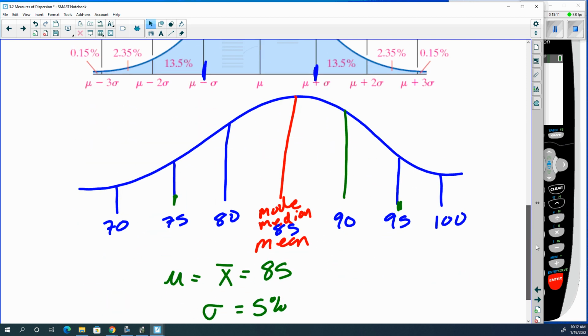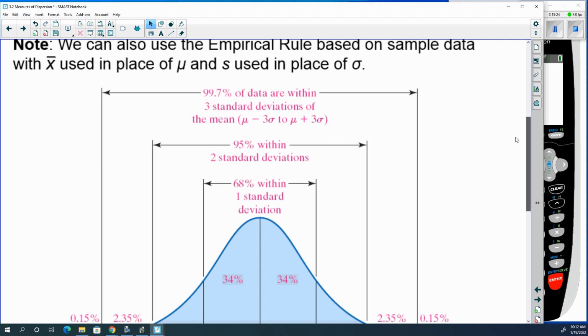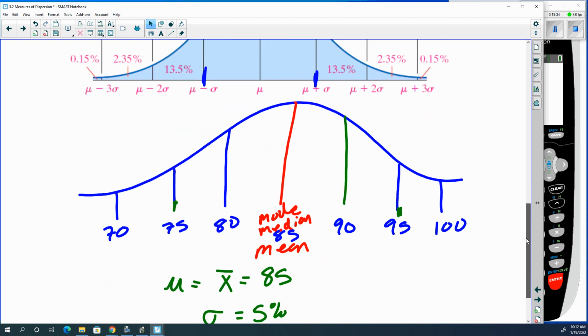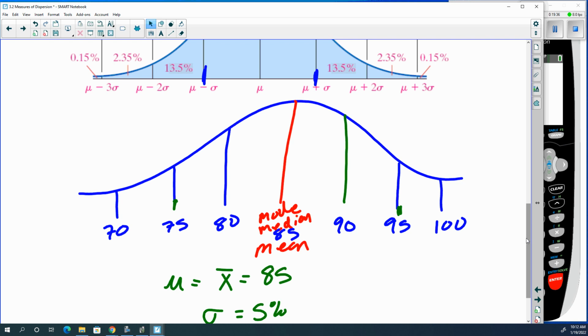So on this test, I would expect 95% of the students to have gotten a test score between 75 and 95. And then 3 standard deviations above and below the mean: you expect 99.7% of the data to be within 3 standard deviations. So I would expect 99.7% of the students to have gotten a test score between 70 and 100.